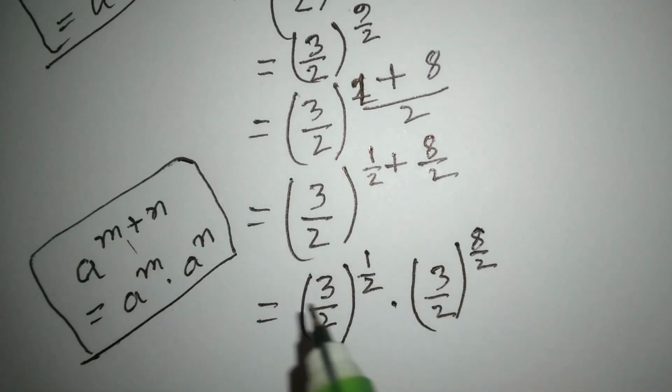According to this property, we can write this line as this line.